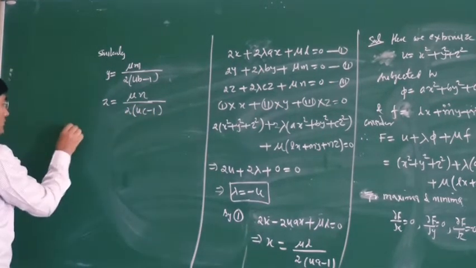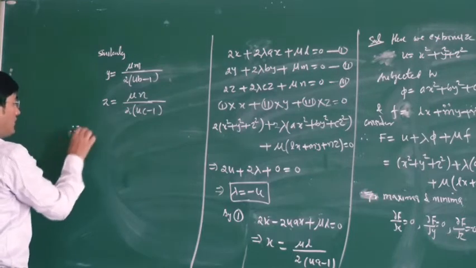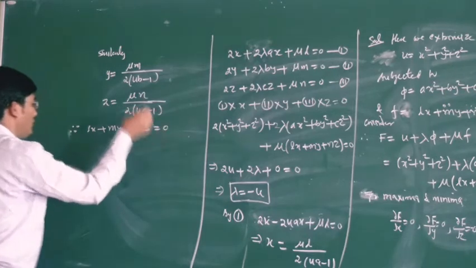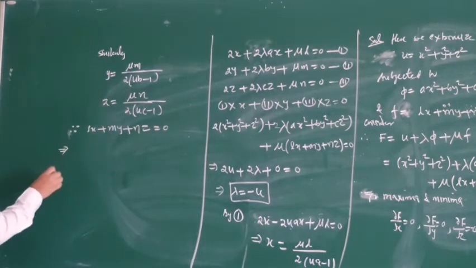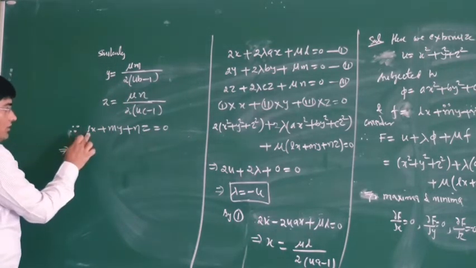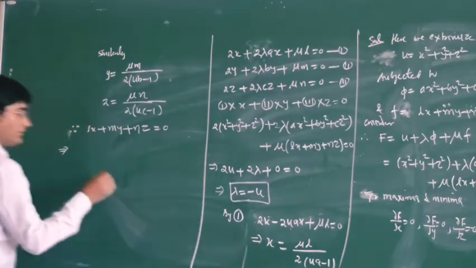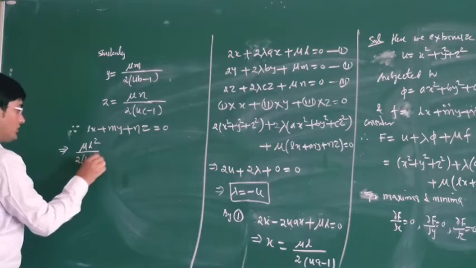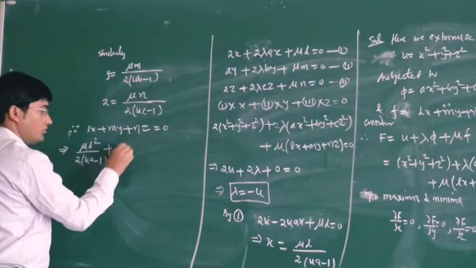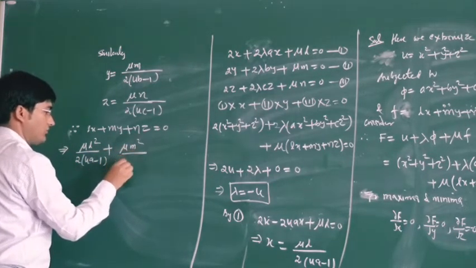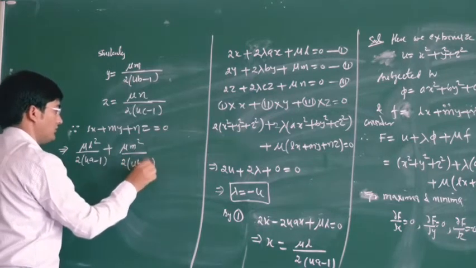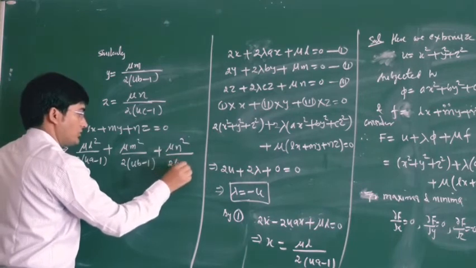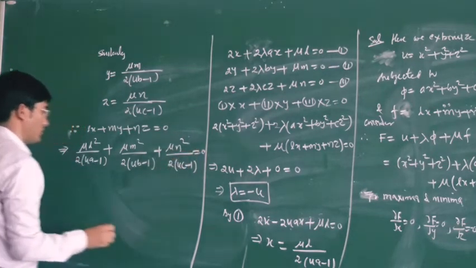So therefore, because lx plus my plus nz equal to 0, let us put the values of x, y, z here. So we will get mu l square divided by 2 times ua minus 1, then mu m square divided by 2 times ub minus 1, then mu n square upon 2 times uc minus 1. So this is equal to 0.